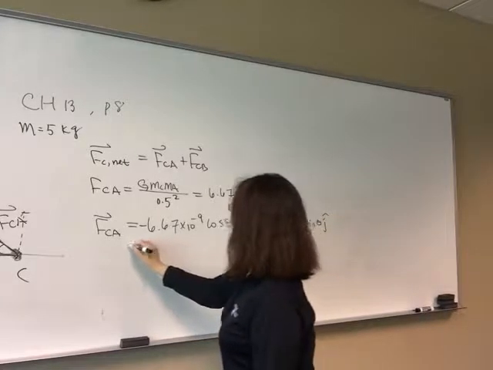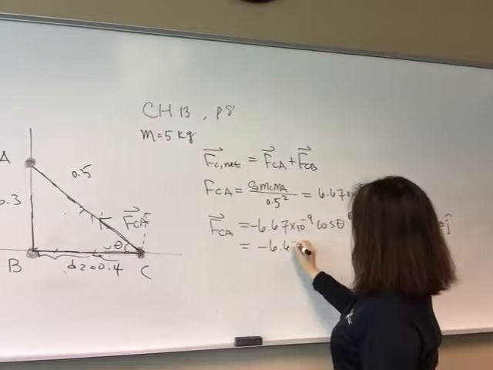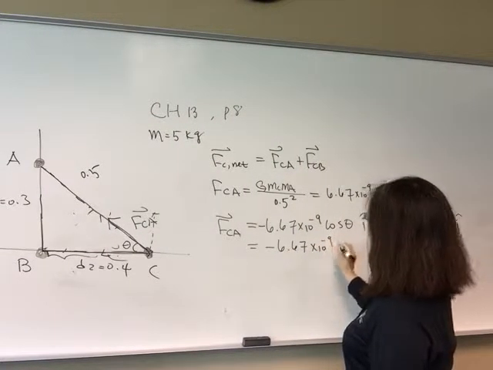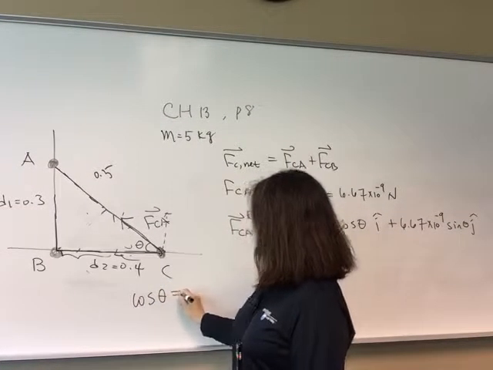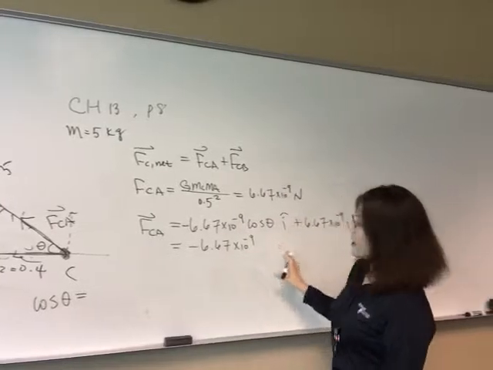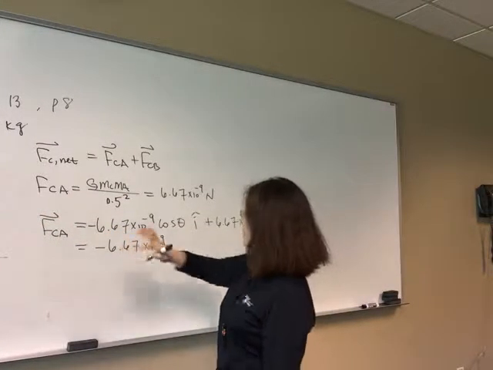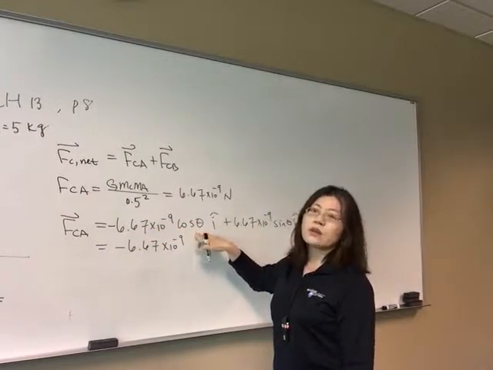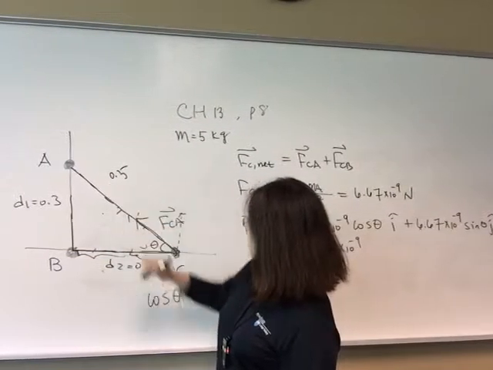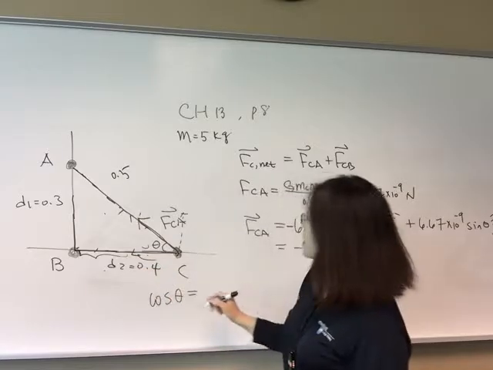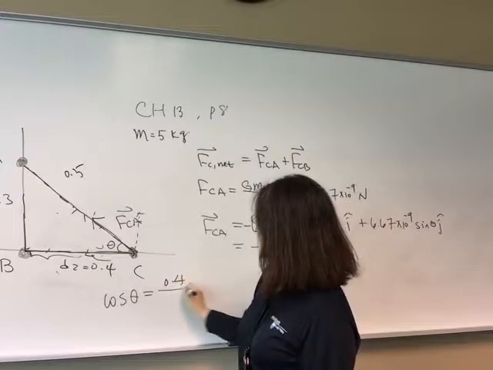Okay? So what we have here is negative 6.67 times 10 to the negative 9, and then cosine theta. You can just use cosine theta based on this triangle, because it is cosine theta that you want, not theta. So if you look at this right triangle, your cosine theta would just be 0.4 over 0.5.